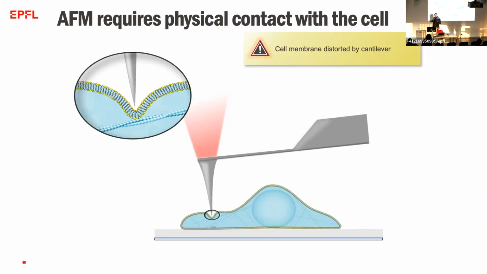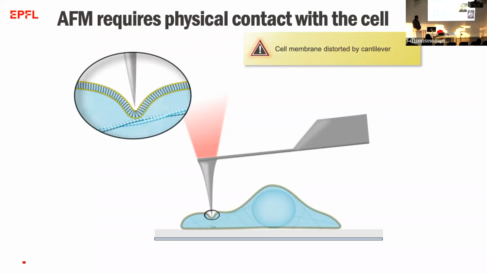And if you do that with a eukaryotic cell, for example, you're not actually probing the surface. You're deforming the surface until you probe something inside. And that's been a fundamental problem in applying atomic force microscopy and scanning probe microscopy in general in cell biology and the life sciences.